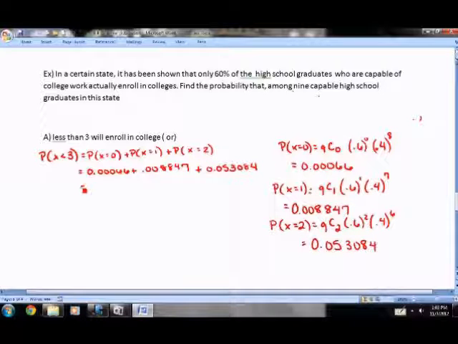If we add these all together, it's about 0.0626. So this is telling you that you have about a 6.26% chance that less than 3 of the students who are eligible to go to college are going to go to college.